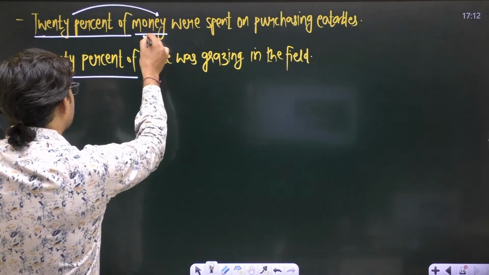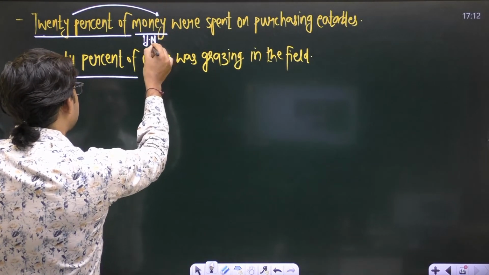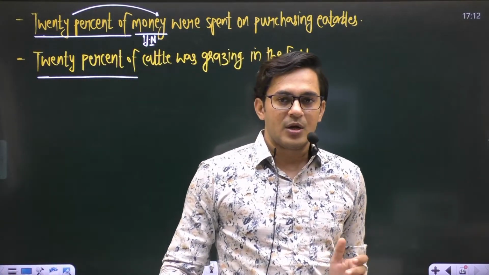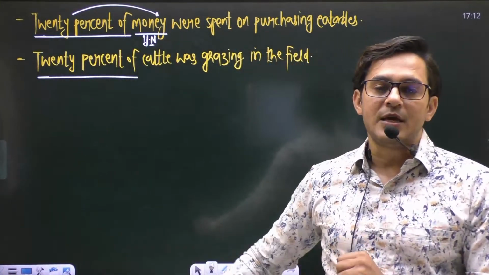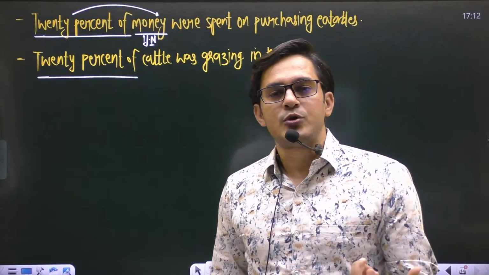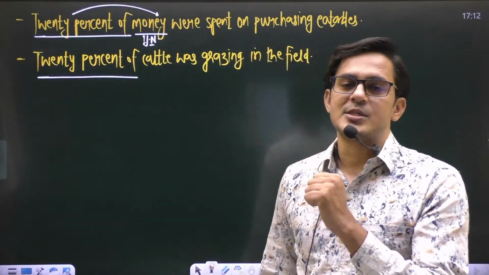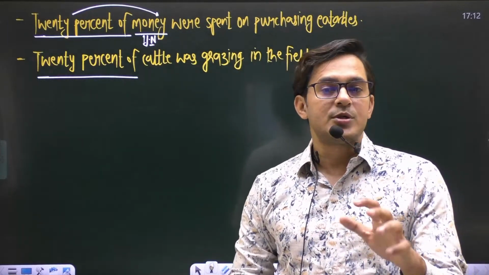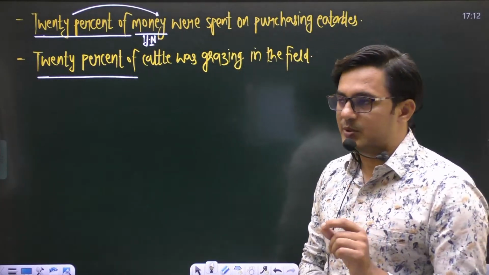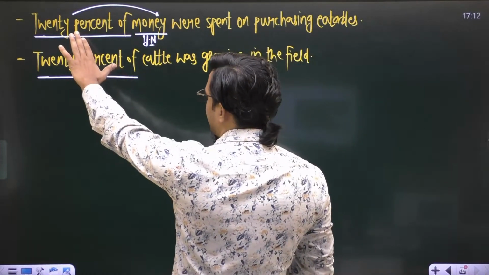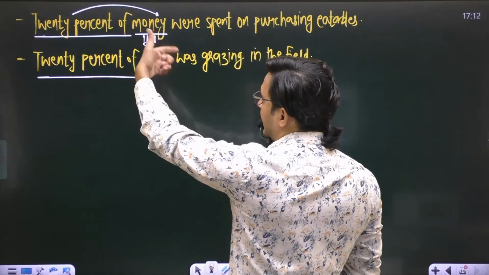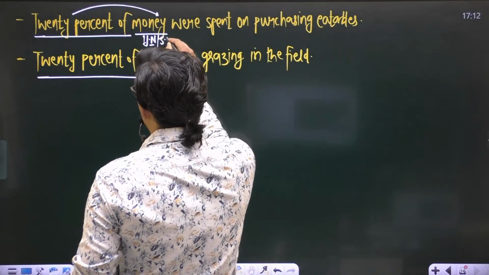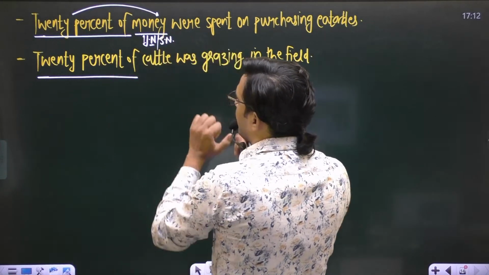If you talk about money, so money is an uncountable noun. Money is a pure uncountable noun. We can't count money. We can count rupees, dollars, rubles or cents, right? But we can't count money. So after this percentage value, we have an uncountable noun, and make sure this uncountable noun is always considered singular from the verb point of view.